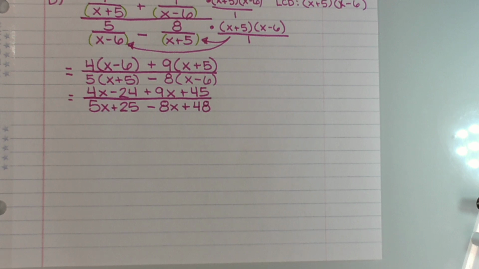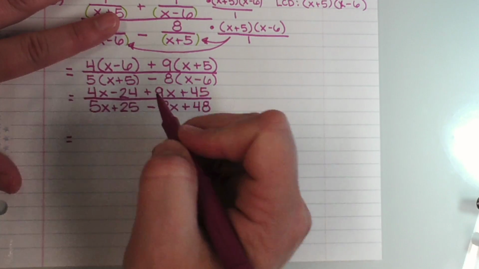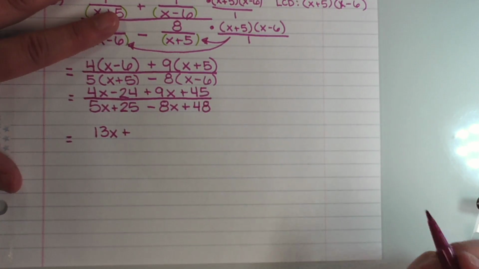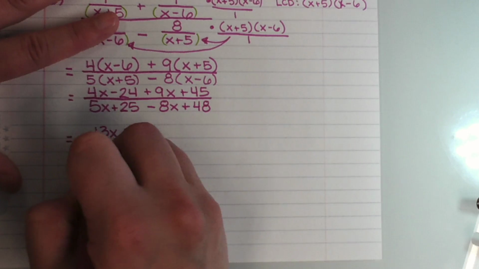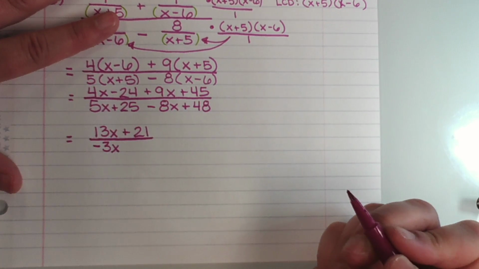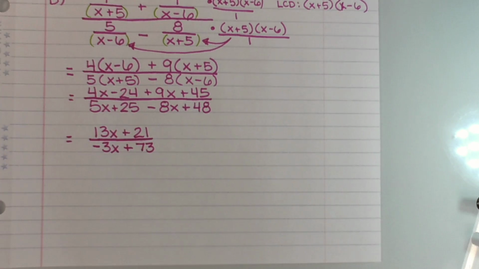Distribute that negative and combine. 13x plus 21 over negative 3x plus 73.